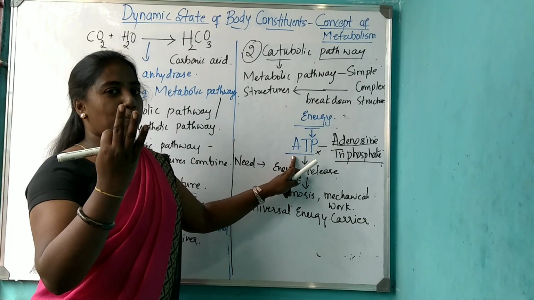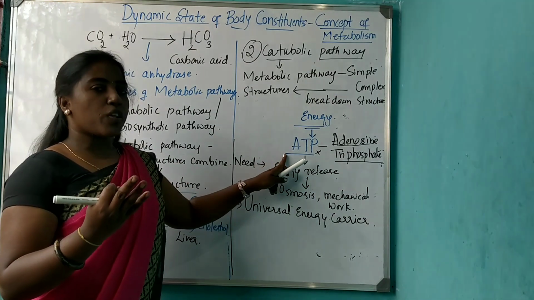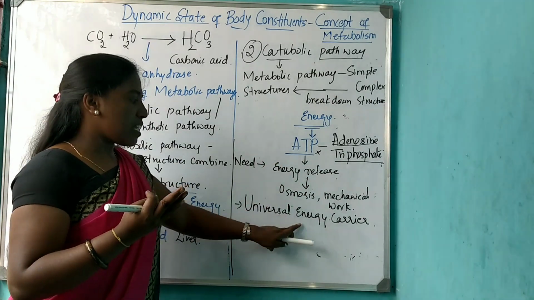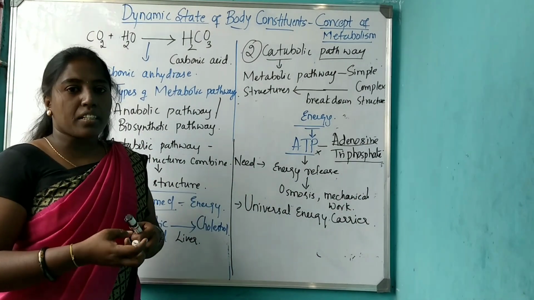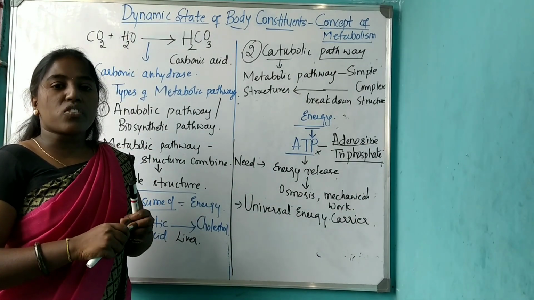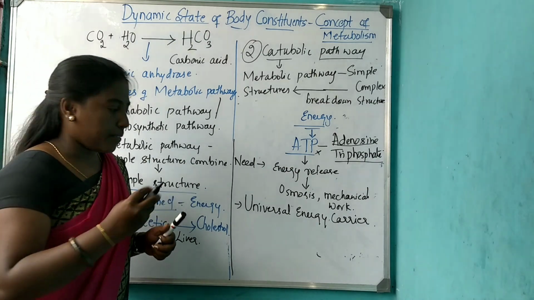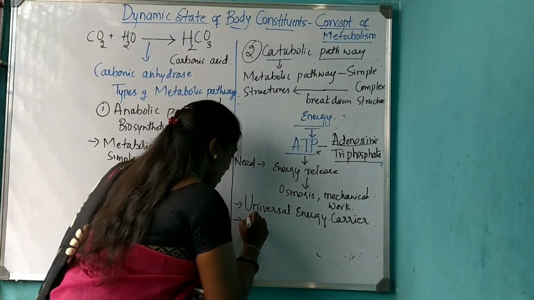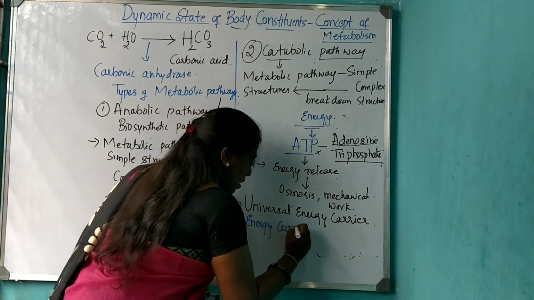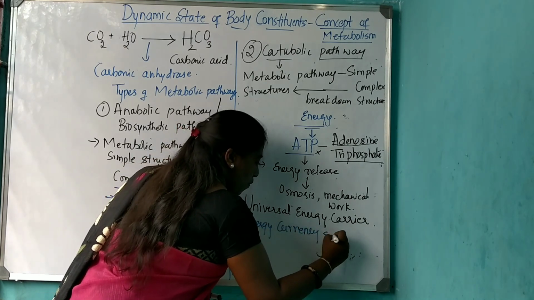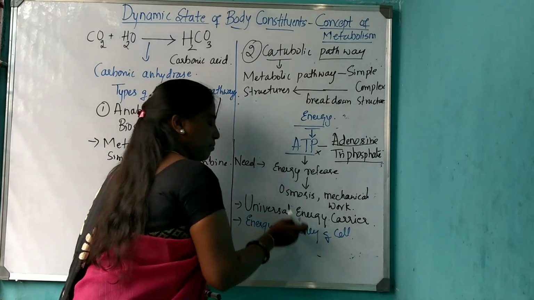ATP consists of 3 phosphate groups, so it is one of the higher nucleotides which acts as an energy carrier. Another name for ATP is the energy currency of a cell.